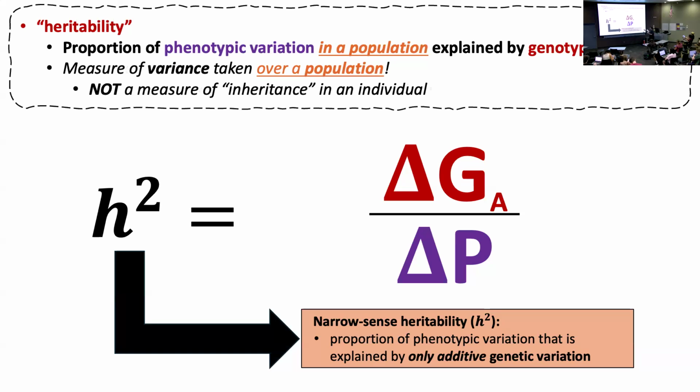I know it's probably still murky what I mean by additive and non-additive, and it's kind of outside the scope of this course, which is why I'm not going to focus too much on broad versus narrow.